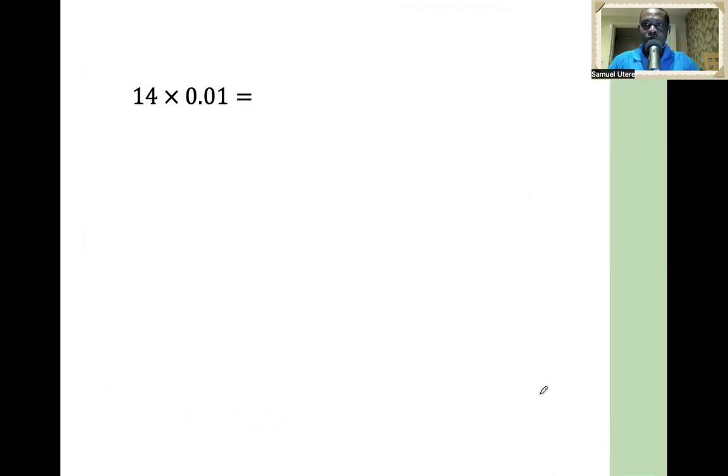Okay, let's make progress in our learning to now consider what happens when we multiply by 0.01 or 100th. I think some of you may already have figured out what is going on here. This is the same thing as multiplying by 100th or dividing by 100.